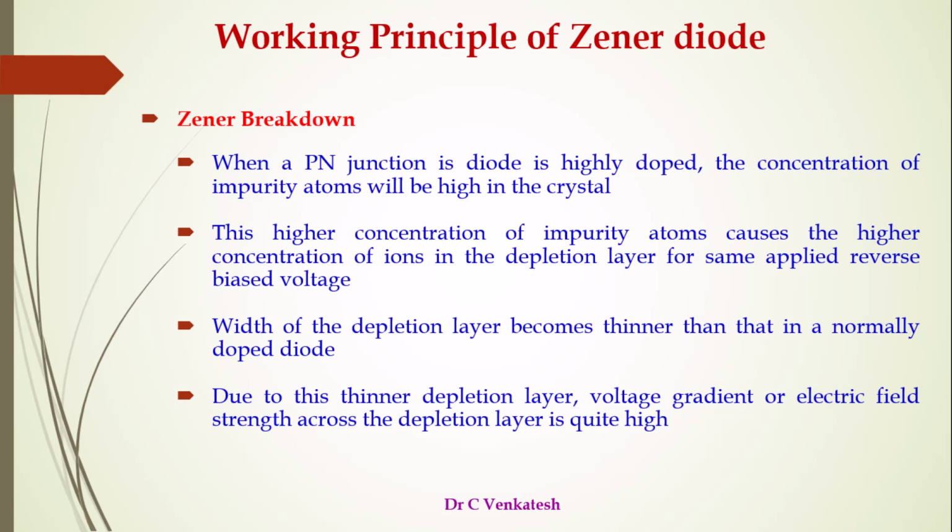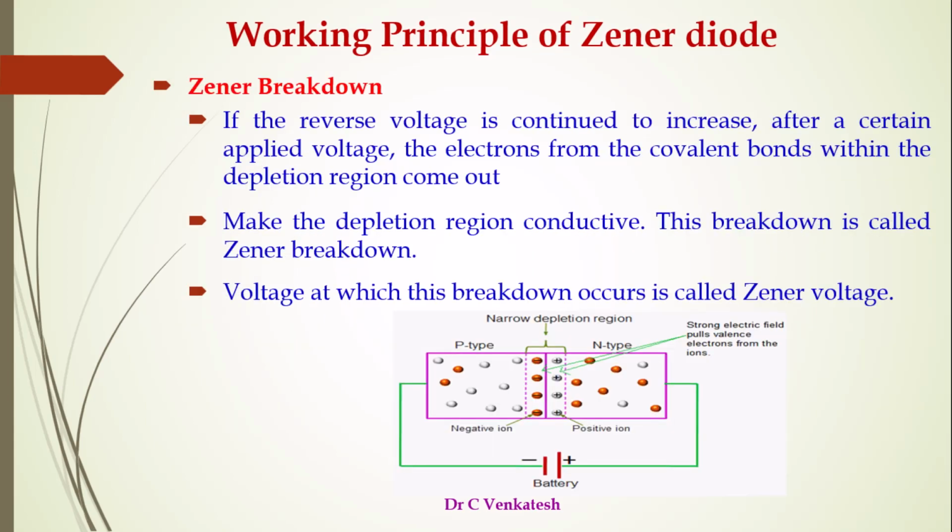Due to this thinner depletion layer, the voltage gradient or electric field across the depletion layer is quite high. The figure shows the highly doped PN layer with reverse biased condition. If the reverse voltage is continued to increase, after a certain applied voltage, the electrons from the covalent bonds within the depletion region come out.